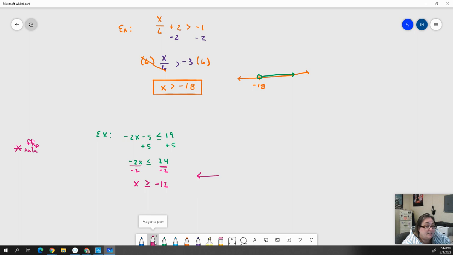And so we're saying when we graph this that at negative 12, we're going to have a solid dot point, and it is going to be everything bigger than negative 12. That is our solution set.